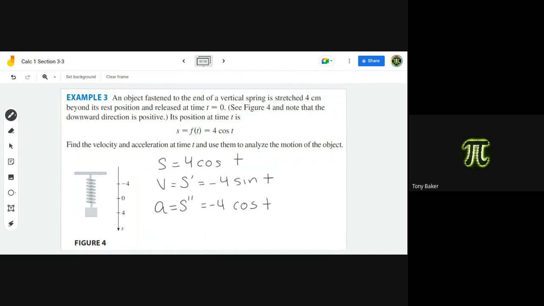So sine of 0 is 0, right? Pi over 2, sine is 1, right? Because we're looking at velocity. So pi over 2, sine is 1, correct? Pi, sine is 0. 3 pi over 2, sine is -1.